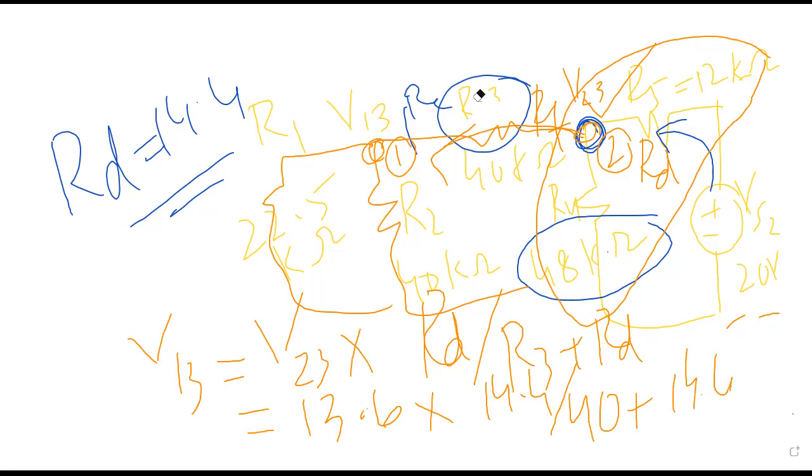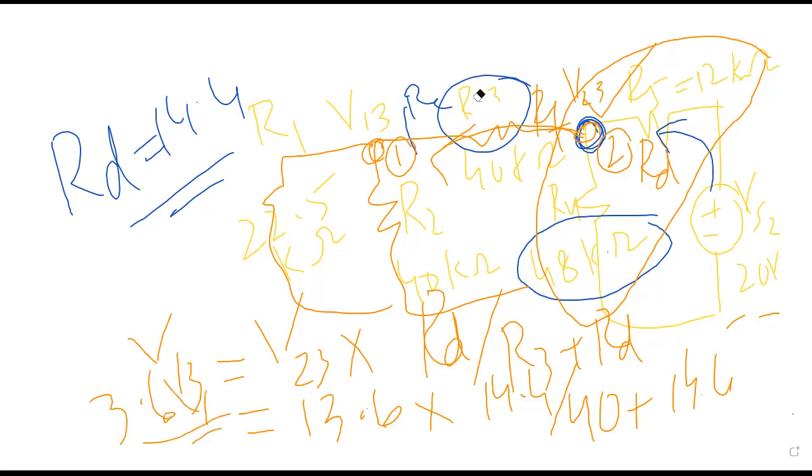So I have to find the value of V13: 13.6 multiplied by 14.4, whole divided by 40 plus 14.4. So V13 equals 3.6.